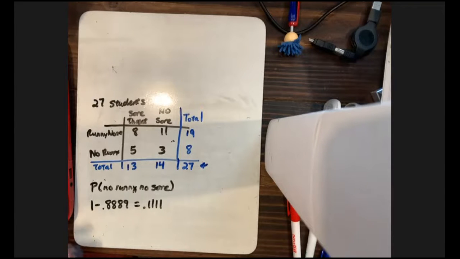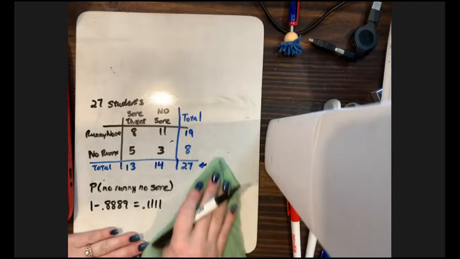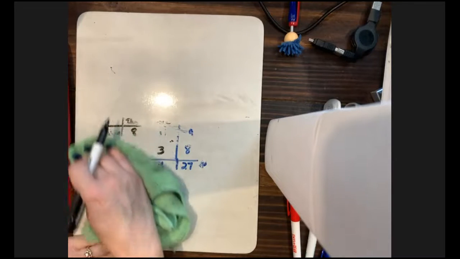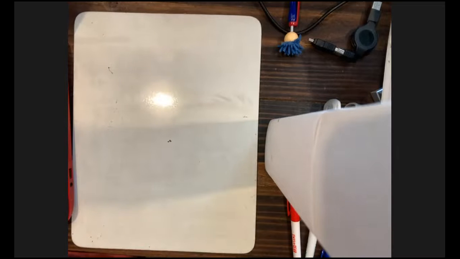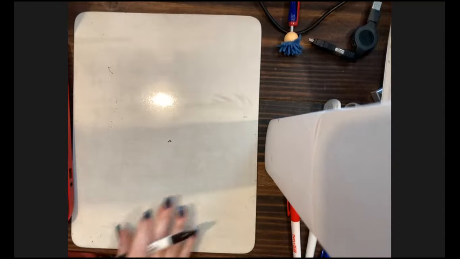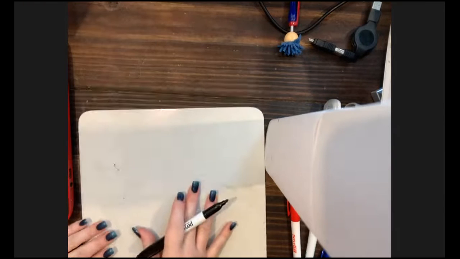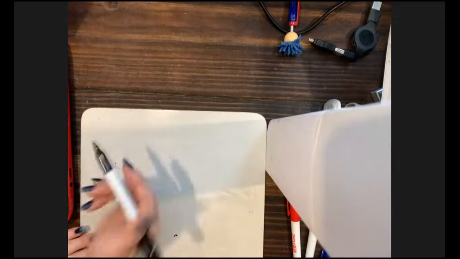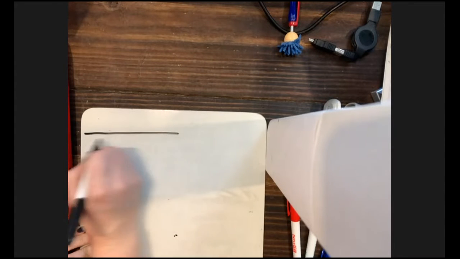Okay. So we're going to take a look at one more example for all of this loveliness. This is another contingency table one that we're going to look at. And I'm going to move my board way up here so that I can keep all this going.